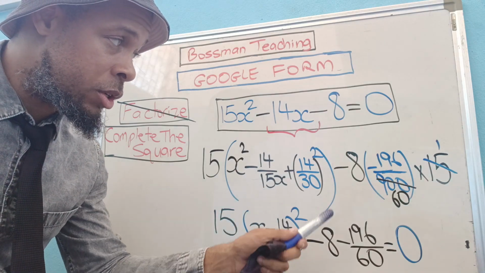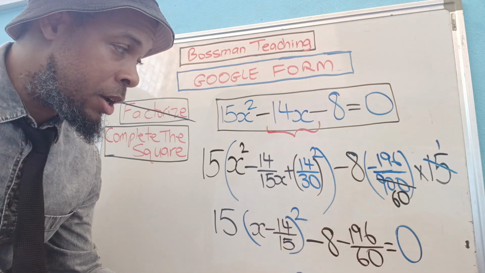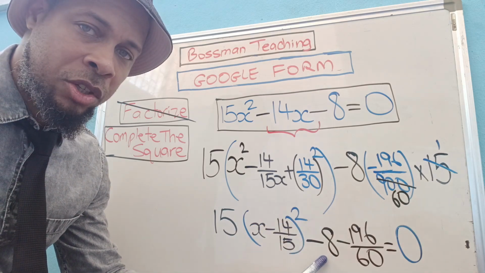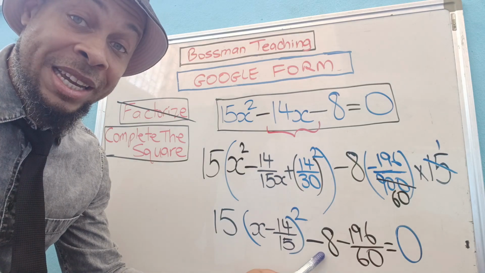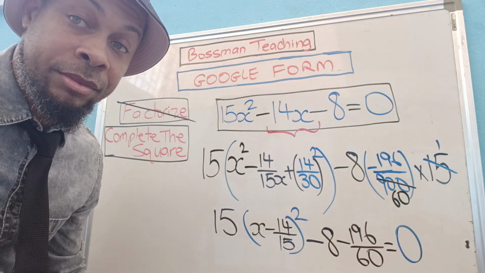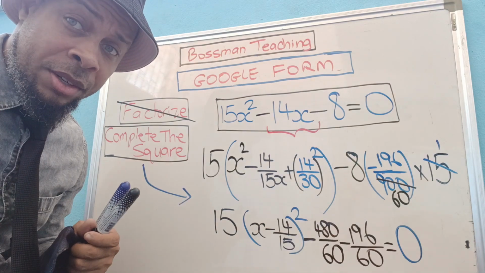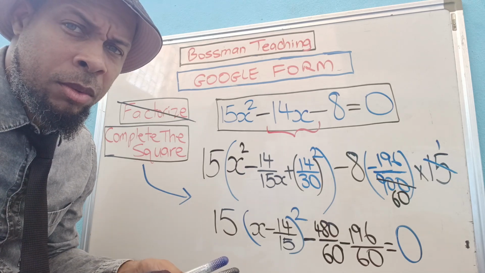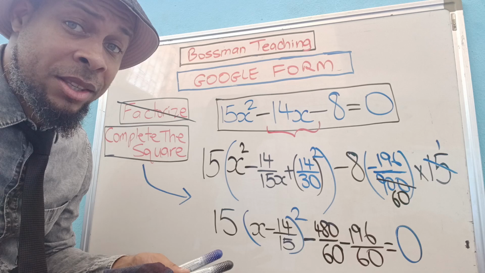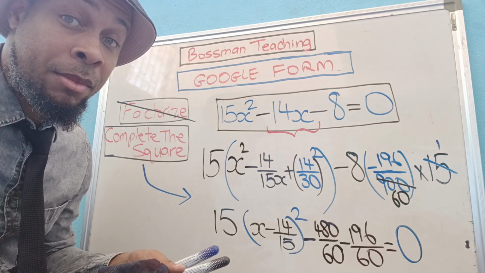And of course, now that we've done that over here, we need to change this to a fraction. So let's multiply 60 over 60 by this to get 480 over 60. So we're still completing the square. The 8 becomes 480 over 60.